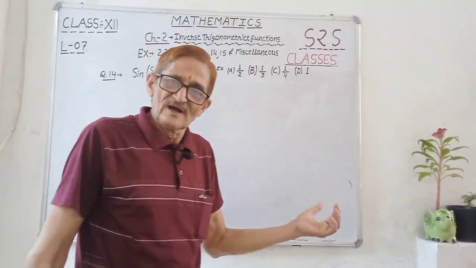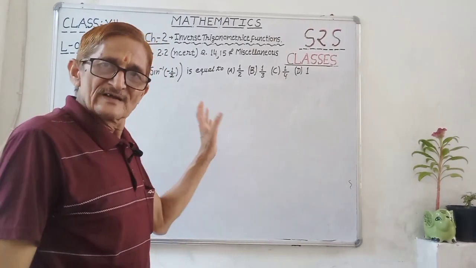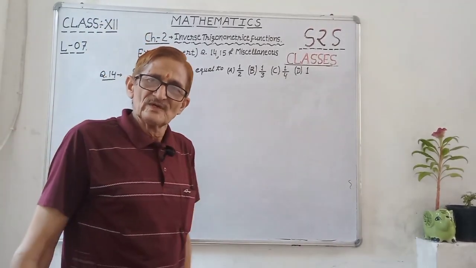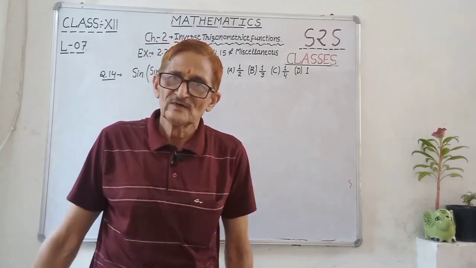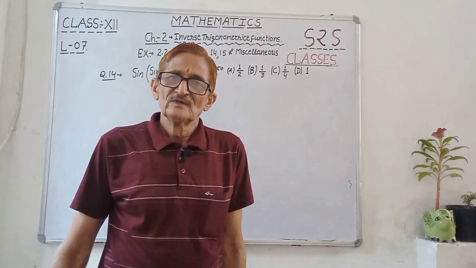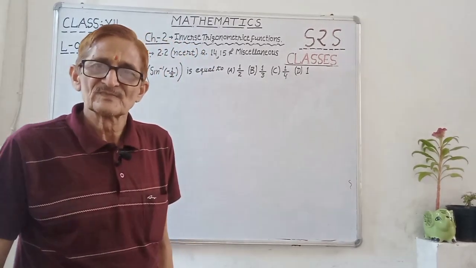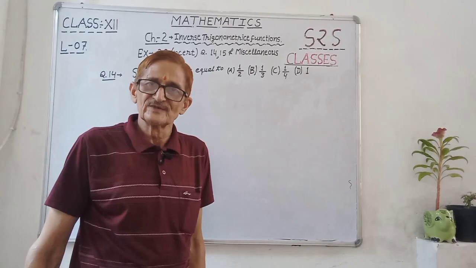Today we are continuing Chapter 2 for Plus 2 from the NCERT book. In the last video we have done Exercise 2.2 up to question 13. Now question number 14 and 15 of Exercise 2.2.